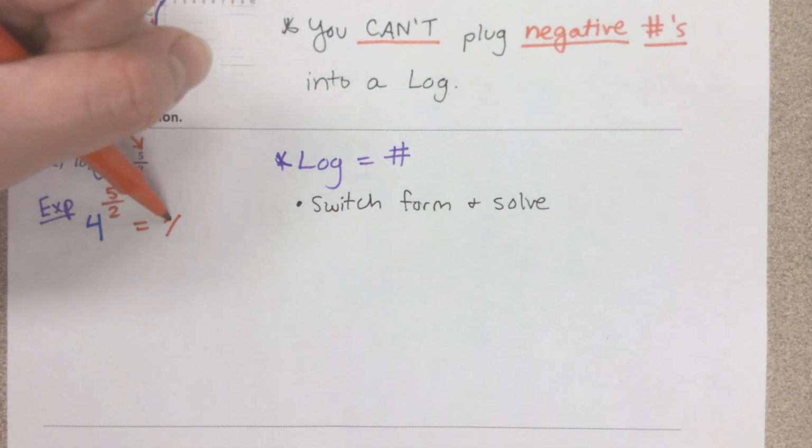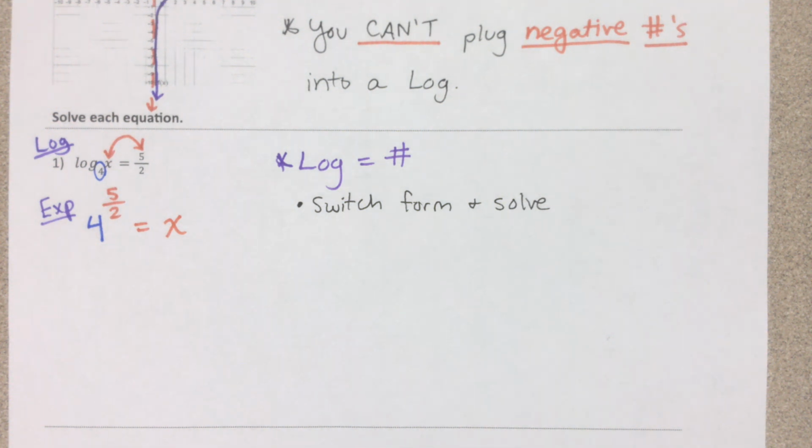Equals, and then the x goes on the other side. Switch the form, check, solve. What are we solving for again? X. Is x by itself? So is x solved for? Yes. X is solved for. 4 to the 5 halves.